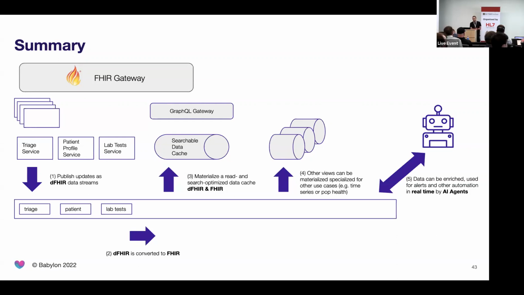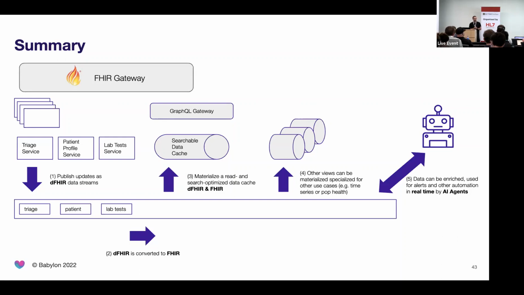In general, this goes to point 4 on the slide in terms of big data: if we have a specialized use case, then we can materialize specialized views using whatever database we want in order to do things like that. One example might be just streaming all that data to Google BigQuery, or another managed service, and letting someone else handle it. We wouldn't try to put big data in our searchable data cache because that's not what it's for, and so we wouldn't put those streams in there.